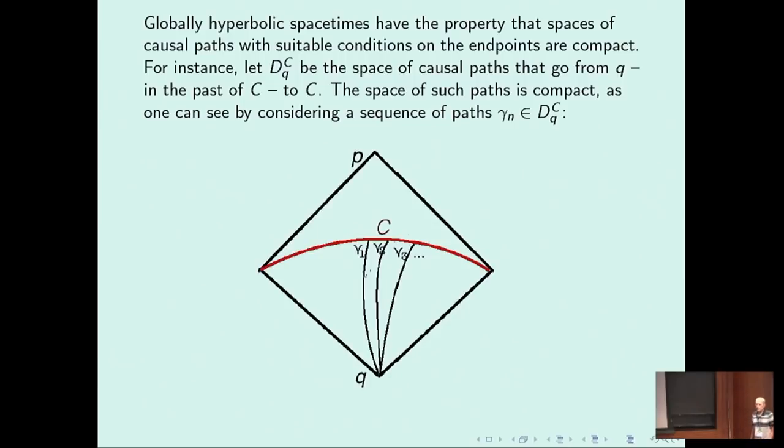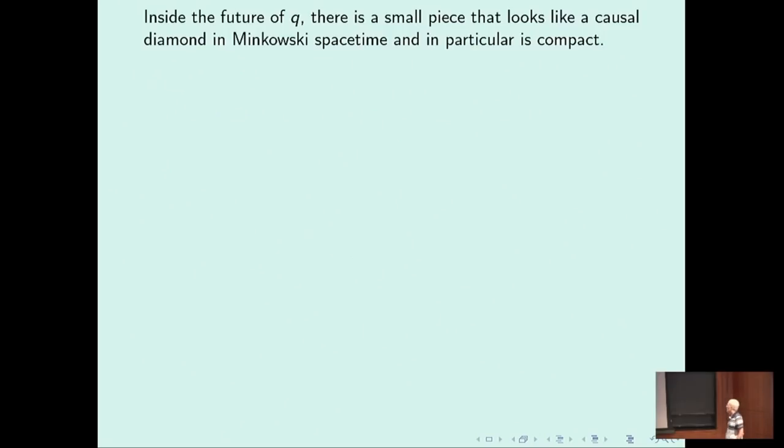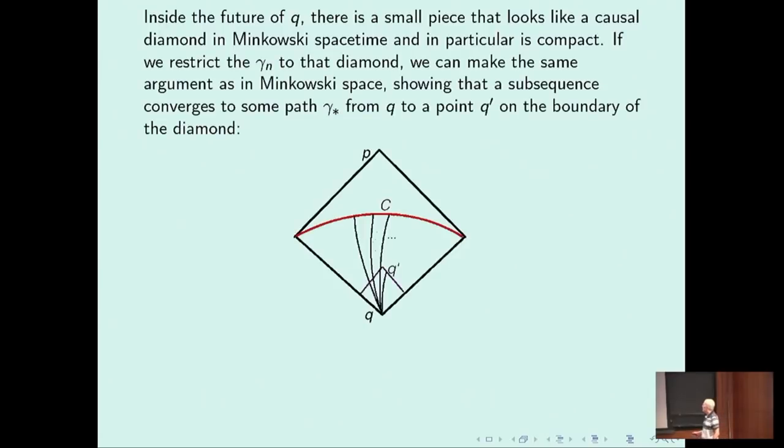You want to show it has a convergent subsequence. Well, to begin the argument, inside the future of Q, there's a small piece that looks like a causal diamond in Minkowski spacetime. And we already know that restricted to that small piece, the space of causal paths is compact. So our sequence has a subsequence that converges at least inside this little bit.